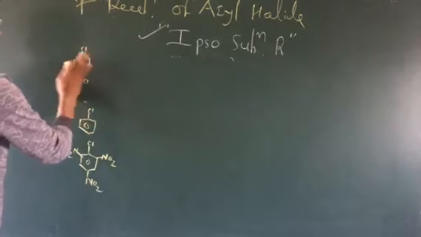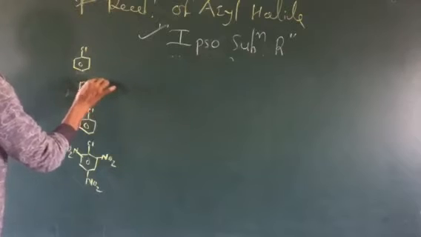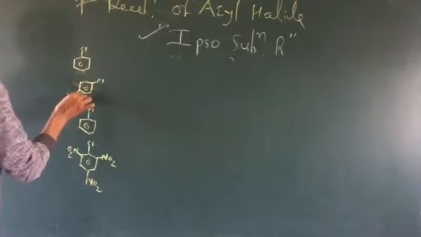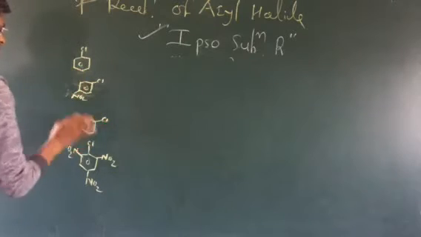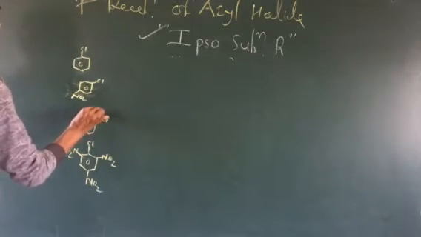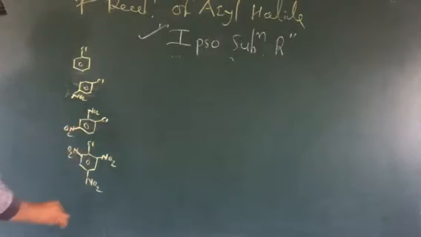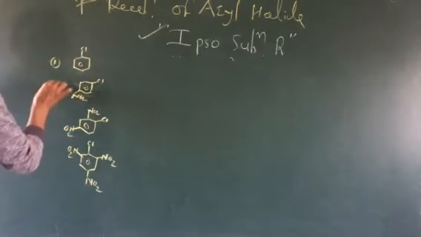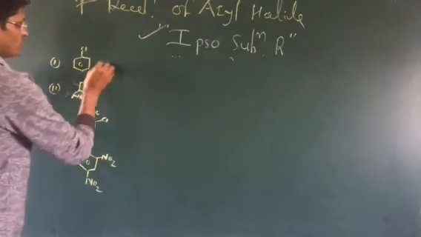Here is para-nitrochlorobenzene, and here is ortho and para, a 2,4-dinitrochlorobenzene. These are the four reactant molecules we are going to take.